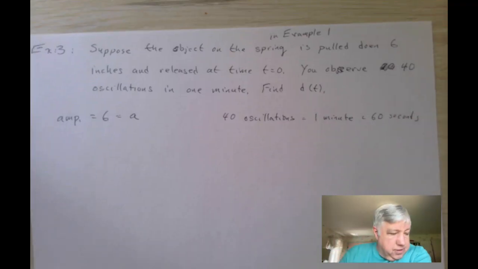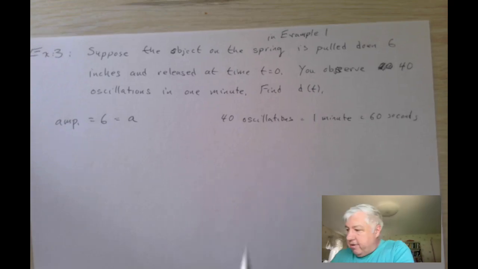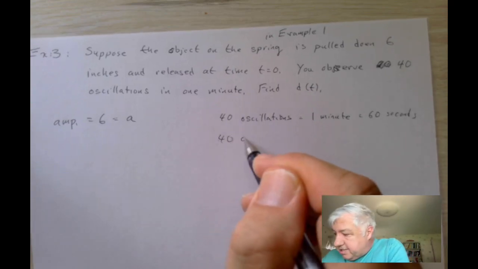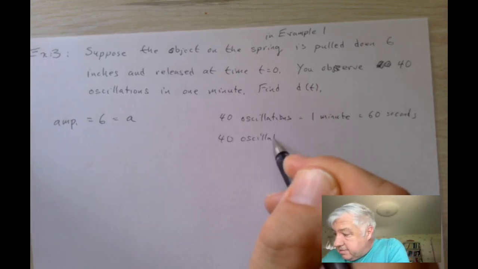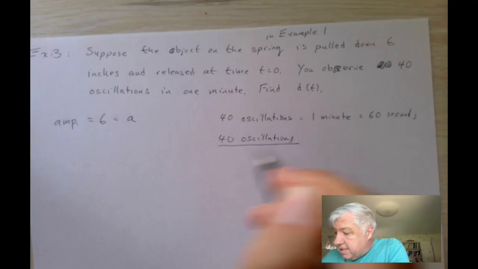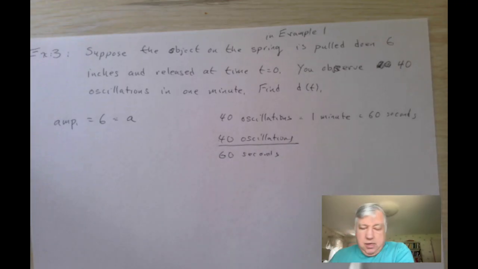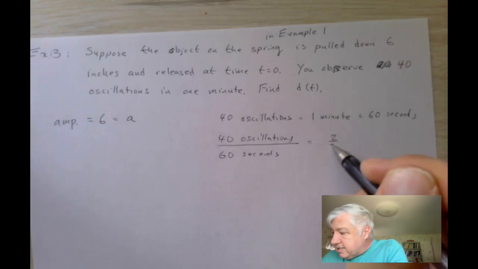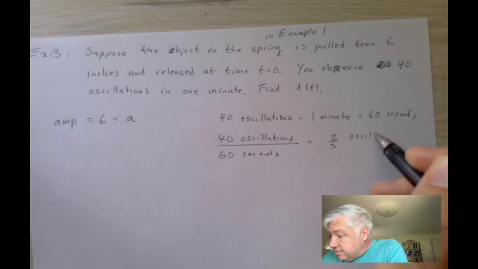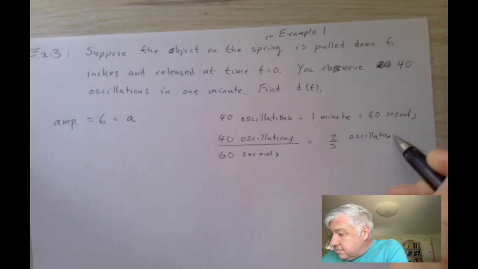So there are going to be 40 oscillations in 60 seconds, which is 2/3 oscillations per second.